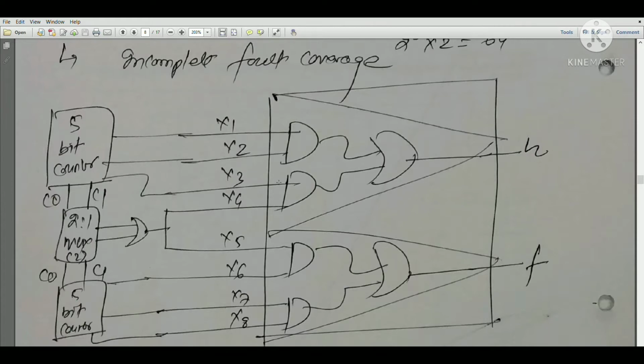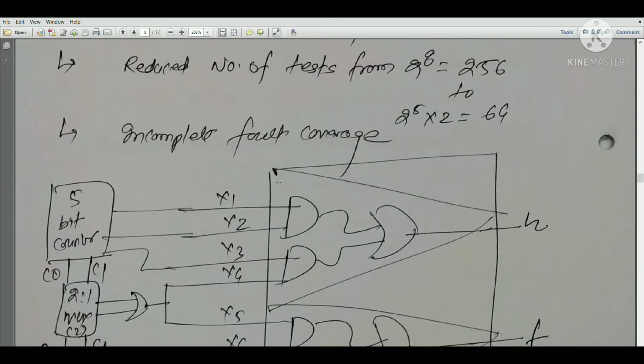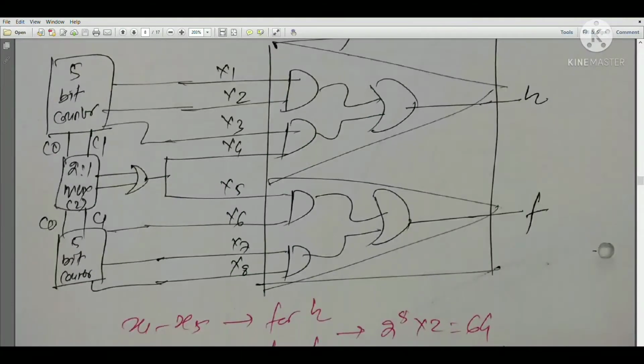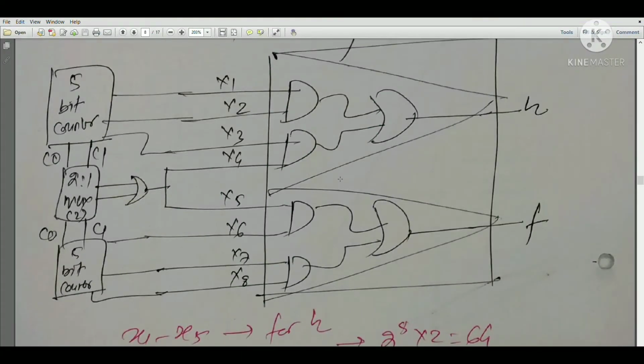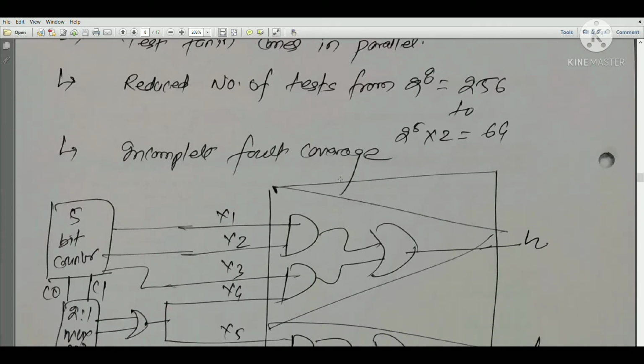So 2 to the power 5 equals 32, and we multiply it by 2 because we have two cones, or two sets. So the number of test patterns required to test this circuit is 64. Okay, so this is the idea.